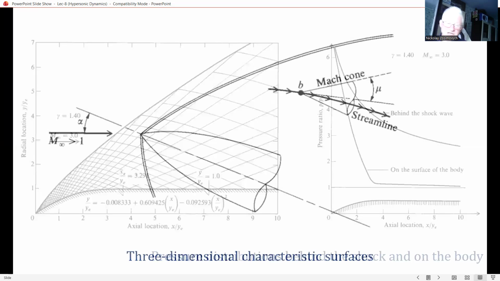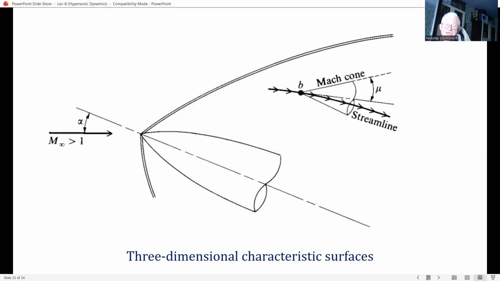So, in general, the compatibility equations that hold along these characteristic surfaces are partial differential equations in two space dimensions. To examine these in more detail, consider this figure, which illustrates a general supersonic or hypersonic three-dimensional flow field.